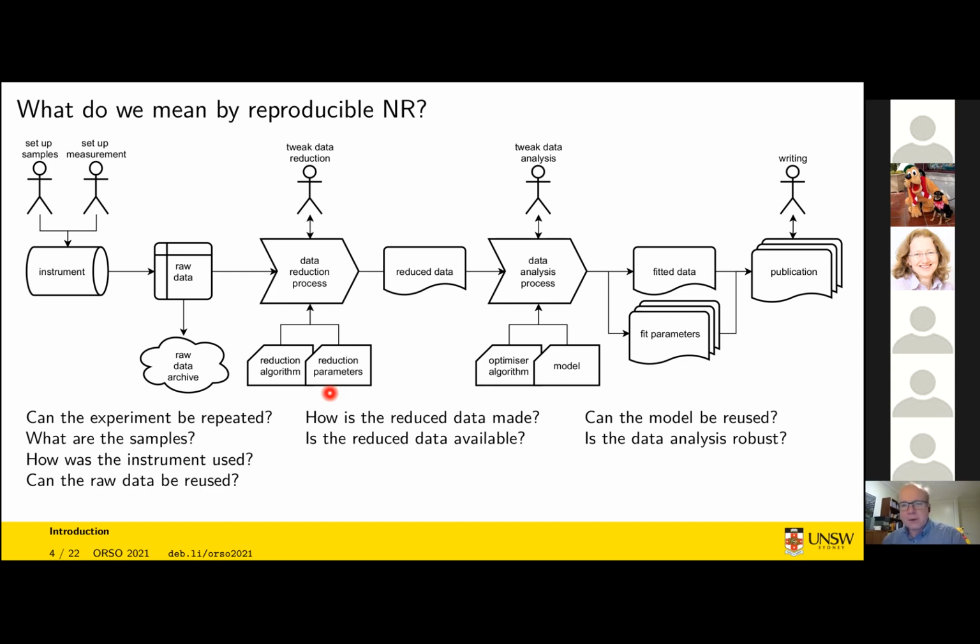Now, you can see that there's a set of questions that are being raised as we progress through this pipeline, such as whether the experiment can be repeated, how the instrument was actually used, how the data reduction was performed. And then, once we've actually got some data, the next question is going to be, is that reduced data actually available anywhere? The answer, sadly, quite often is no.